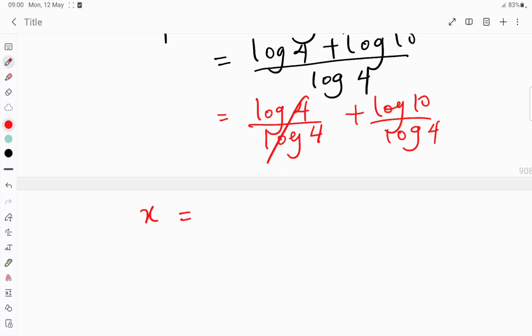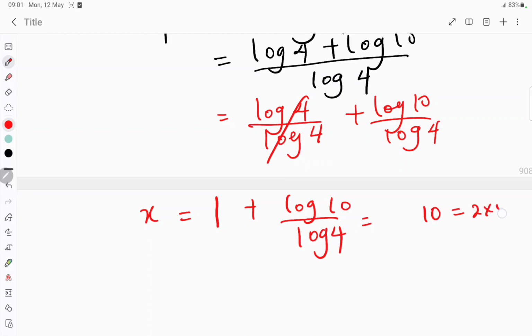So since we have this, all we have to do now is to look at the next one. The next one is now 1, because when this divides, we have 1. This is now 1 plus log 10 over log 4. Okay, on this note, we can now see that 10 also can be seen as 2 times 5. So we'll substitute 10 to be 2 times 5.